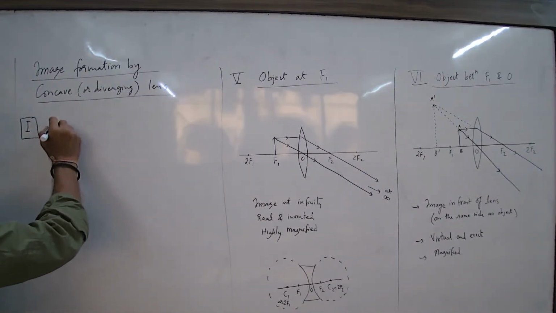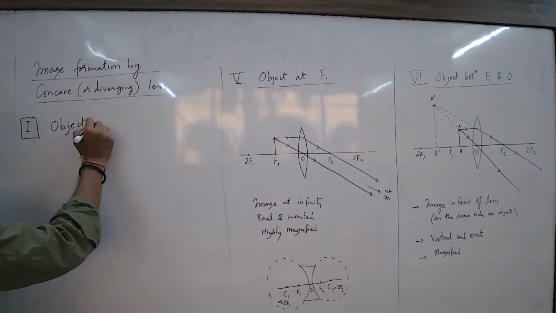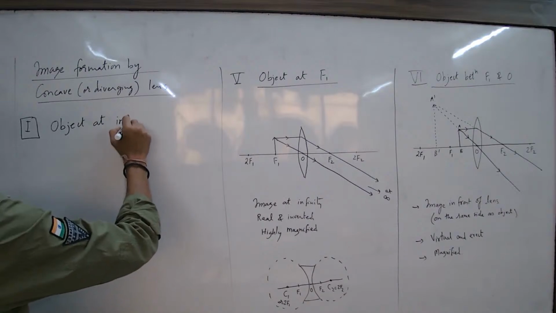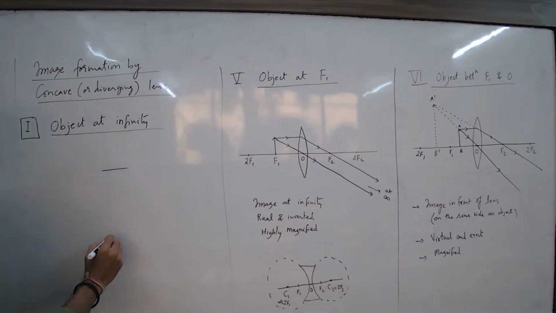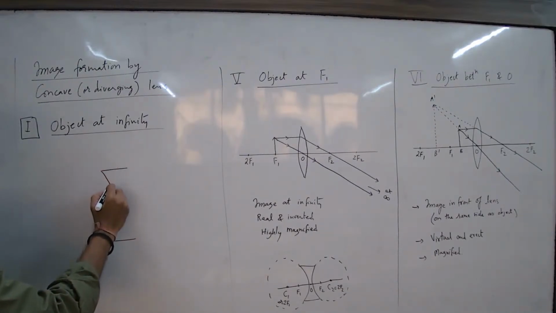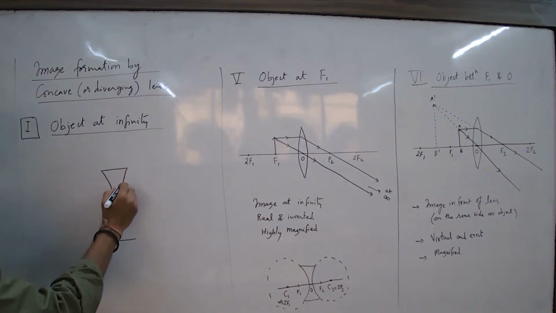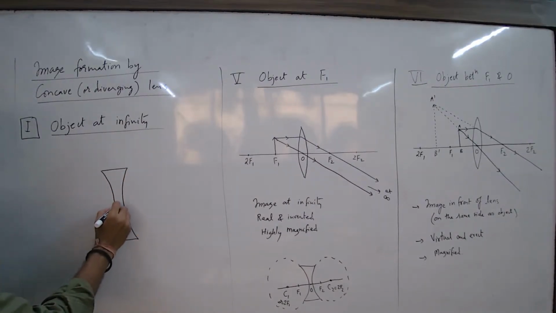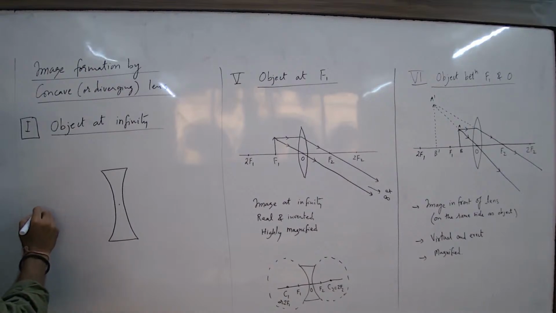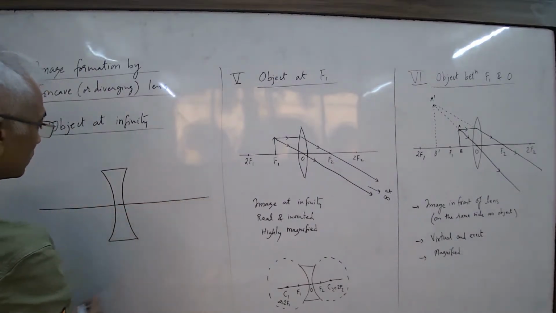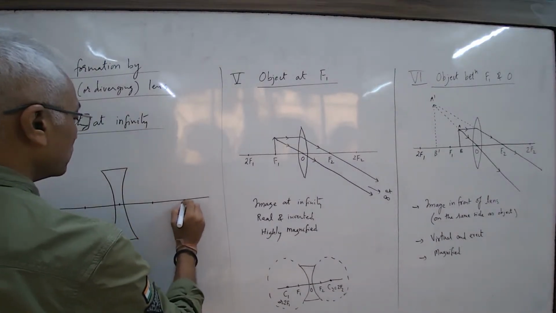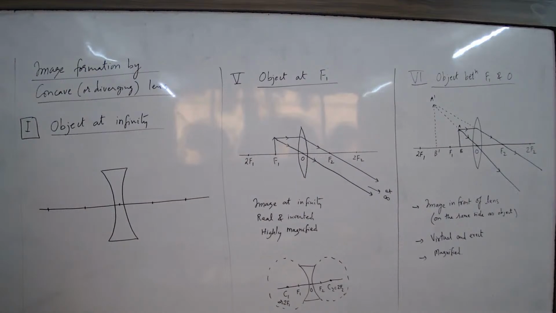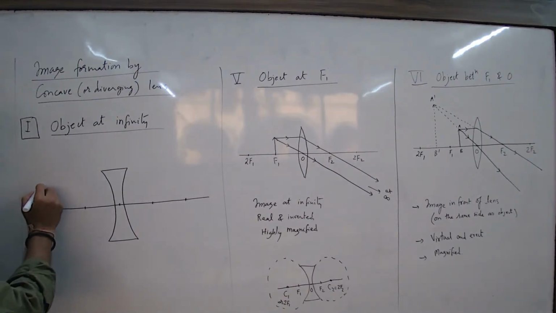So this has got only two object positions, object at infinity. For infinity, the rays will be parallel.